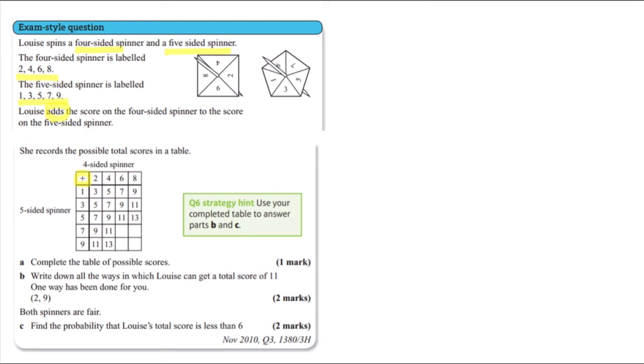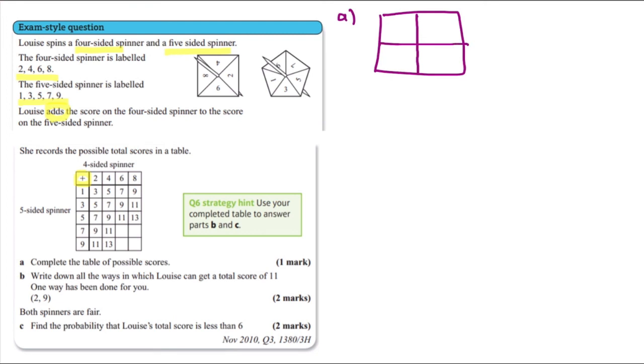To fill in the table, we are just adding the scores. Because I don't have enough space, I'm going to draw a big box now. Here are the boxes.